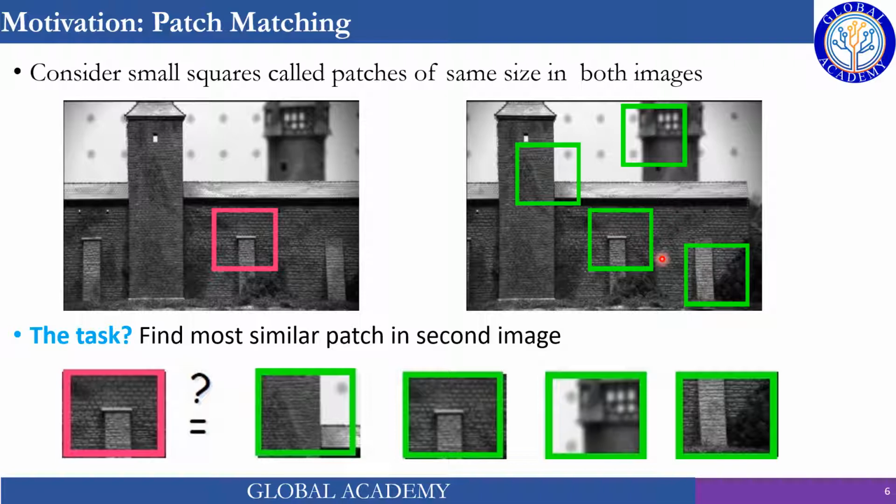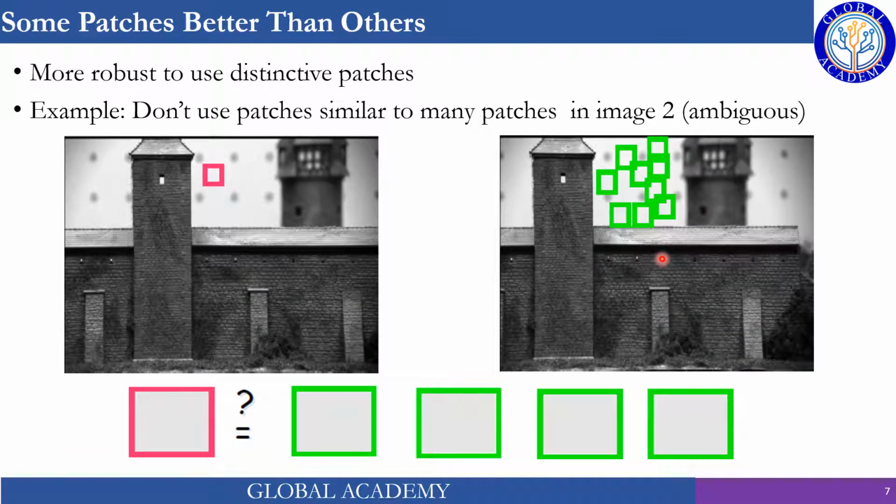So it's better to get more corners and then merge the two images based on those corners. There is a possibility that we select a patch which is very flat, and there is a huge chance that the same flat patch is available at many locations in this image. So that would be a very ambiguous approach, I mean matching the patches.